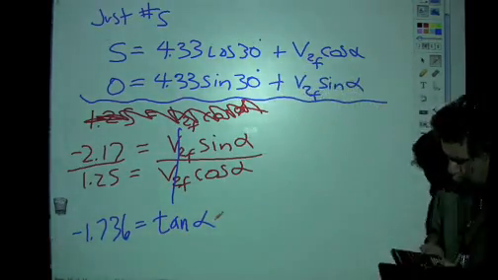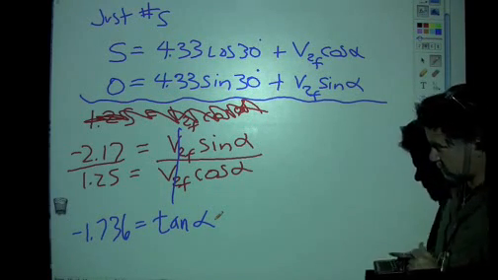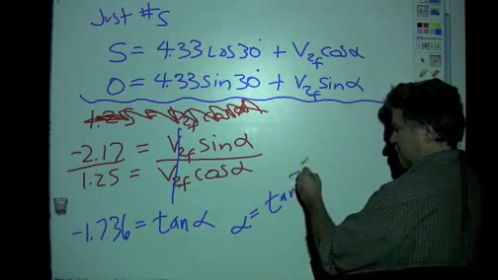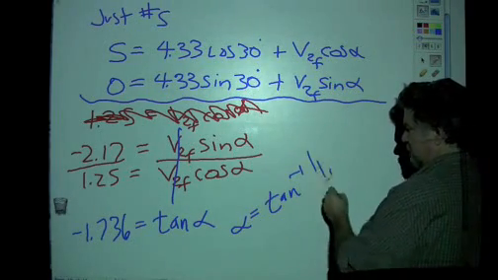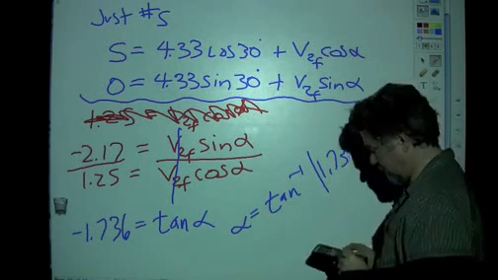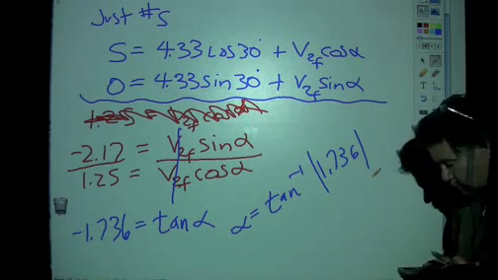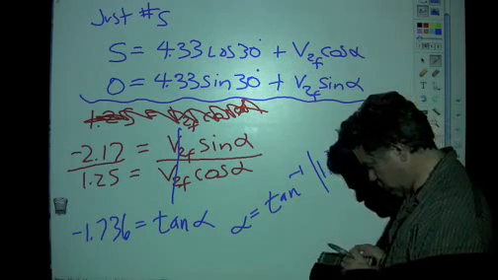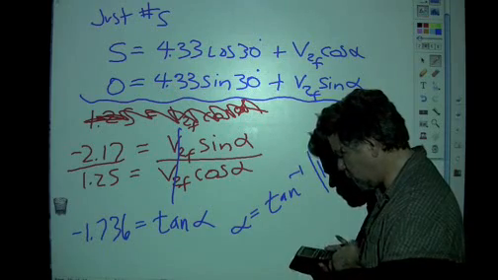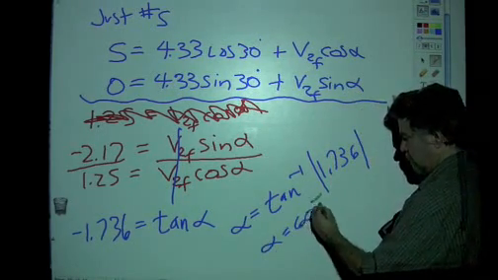So alpha then is the inverse tangent of, I'll say absolute value, giving me the reference angle, 1.736. The inverse tangent of 1.736 is, bingo, 60 degrees.